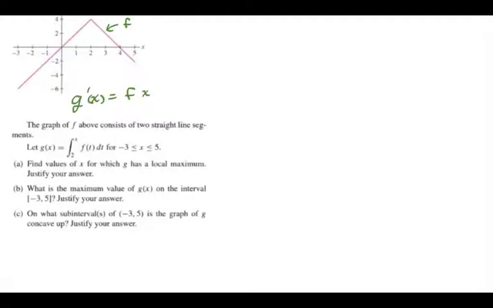I need to put an x right there. So if this is f, then that is also g prime. Good to know. That really helps us think about the rest of the problem.